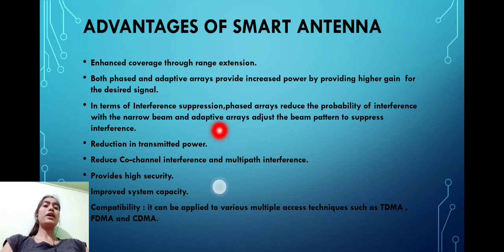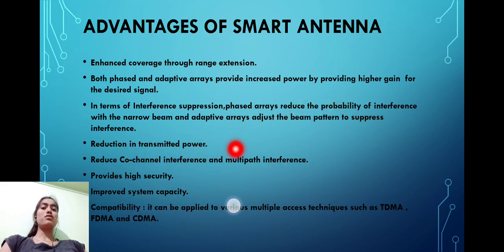Both phased and adaptive arrays provide increased power by providing higher gain for the desired signal. In terms of interference suppression, phased arrays reduce the probability of interference with the narrow beams, and adaptive arrays address the beam pattern to suppress interference.